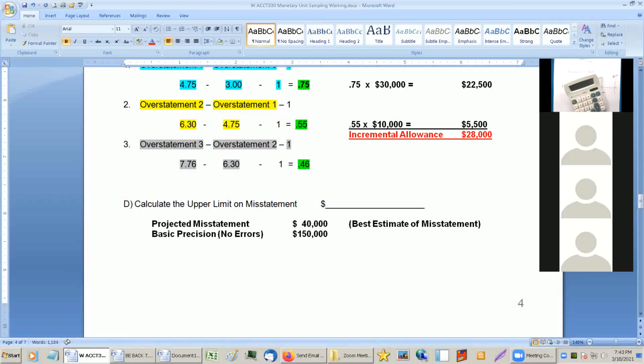And then we're going to have the incremental allowance. And the incremental allowance is basically when there are errors.